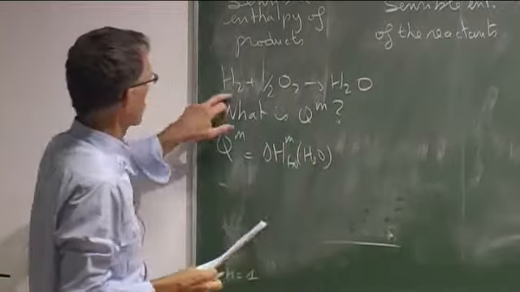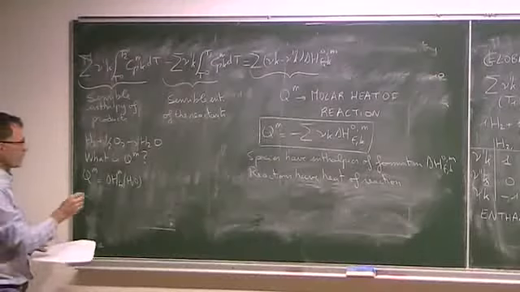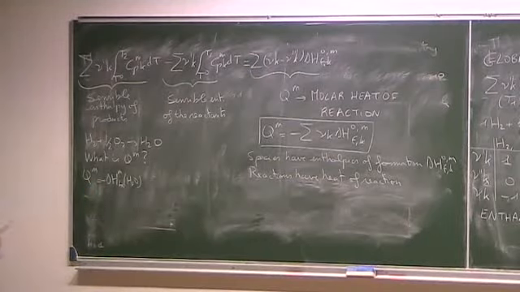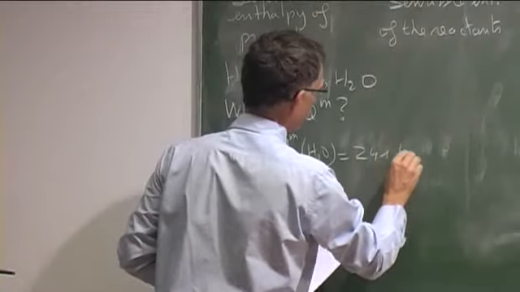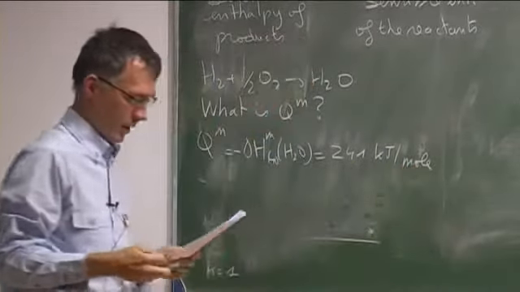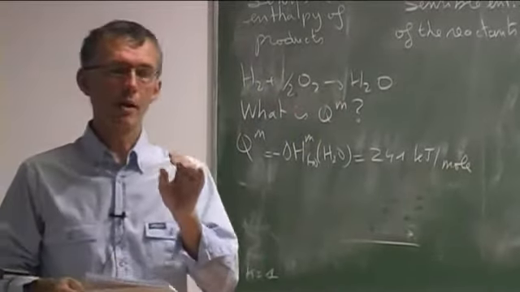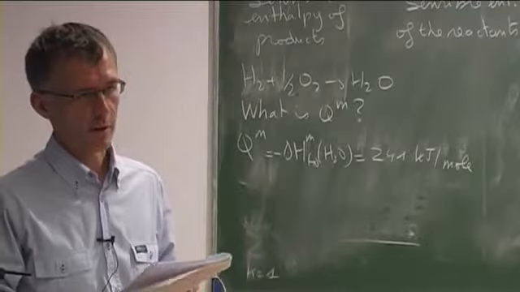And that's all, because all these guys here have 0 heat of formation. And there will be a minus here. If you look at the table I gave you, you will see that this number is 241 kilojoule per mole. So each time you burn a mole of hydrogen, you are releasing 241 kilojoule.